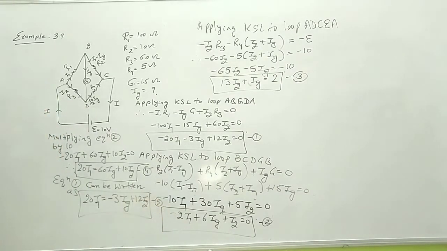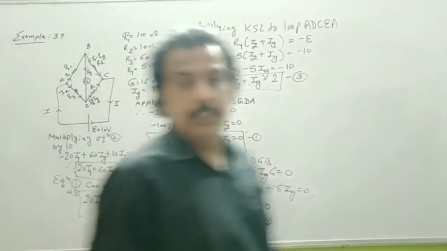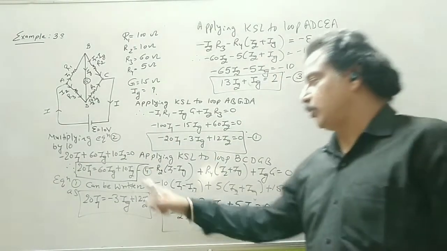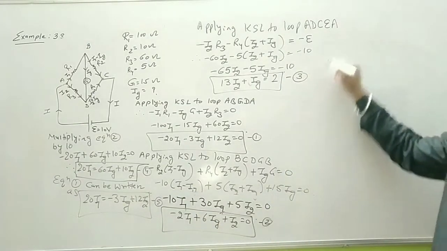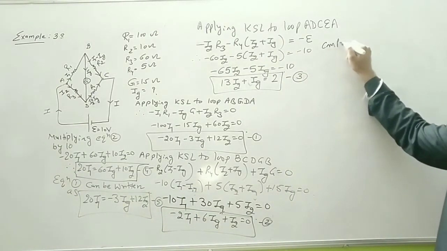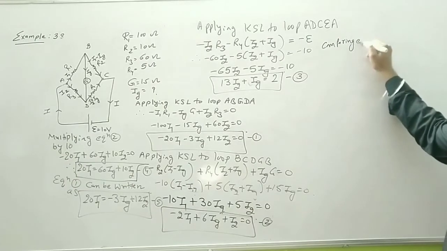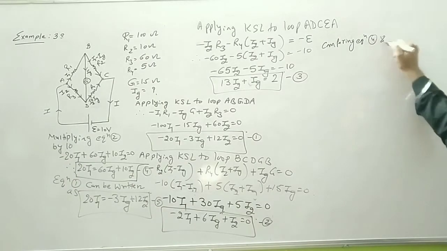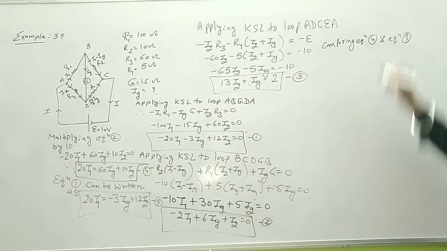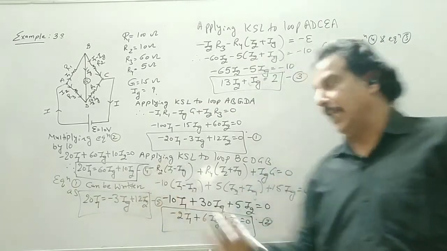So see what is common. What we have made common is 20 I1. Now I equate these two equations, so comparing equation 4 and equation 5, this I1 is eliminated.